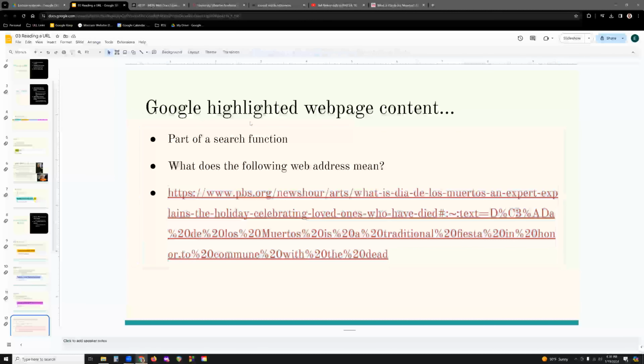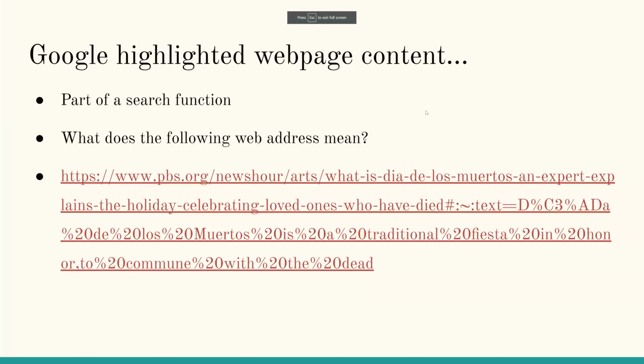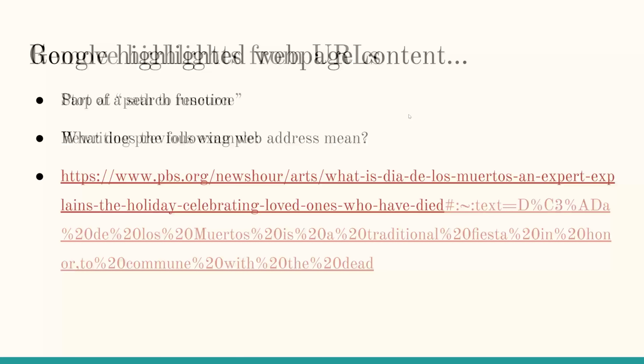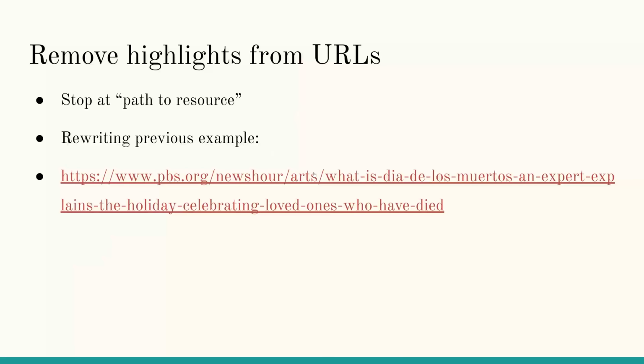So to clean up the URL and make it better for the people who are going to look at our references, we'll stop at the path to the source. So it looks like this instead.